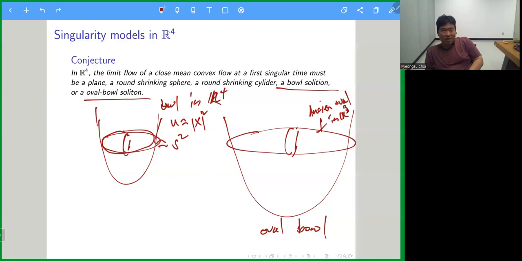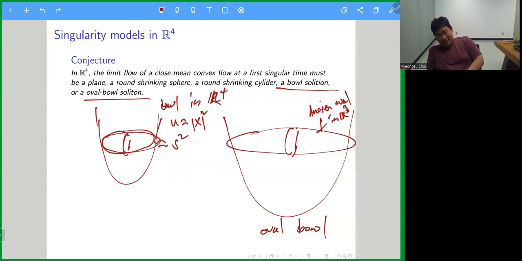So maybe you can find some other so-called second singularity. Anyhow, you may consider the global limit at a singular point whose time is beyond the first singular time. Then very fortunately, even in the weak sense, the non-collapsing is preserved. So the limit is still an ancient non-collapsed flow.